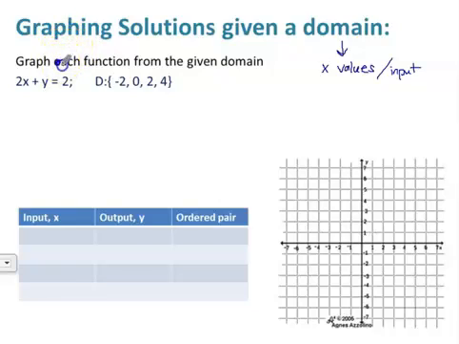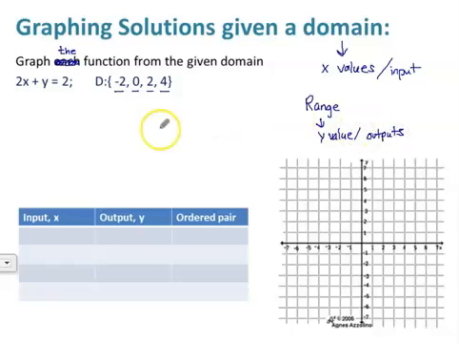This should just say graph, there's only one below. Graph the function from the given domain. So here's our function, 2x plus y equals 2. And then here's our domain, written as capital D. These are all of our possible x values that we're going to plug into this function and get our corresponding outputs. So remember, domain is your x values or your input, where the range is going to be your y values or your outputs.